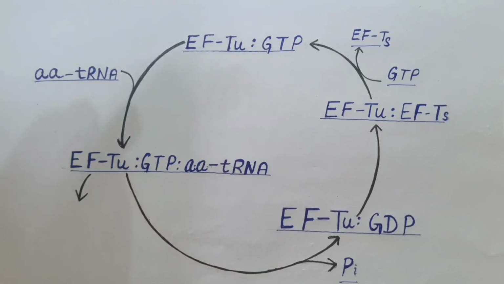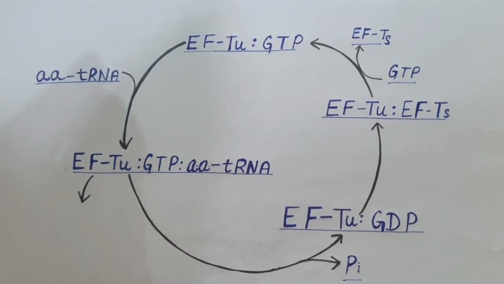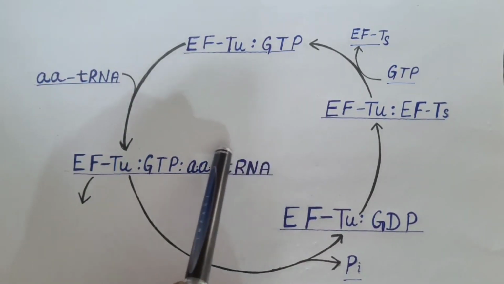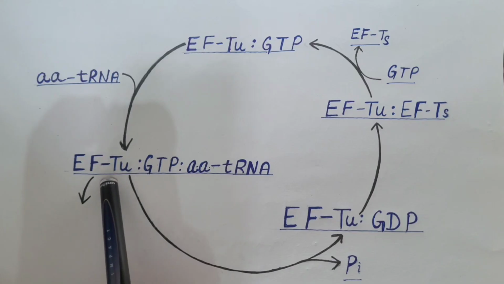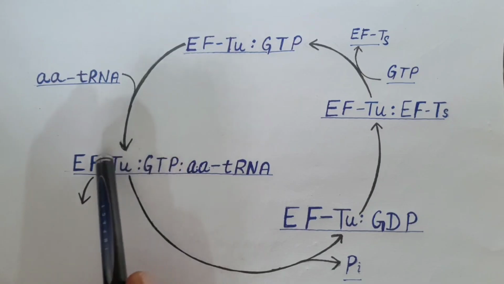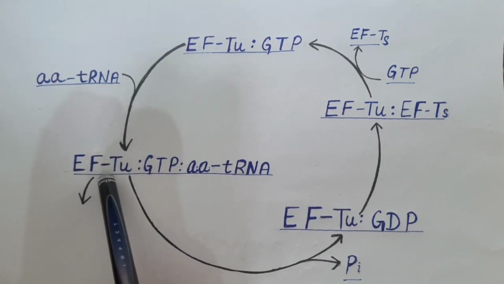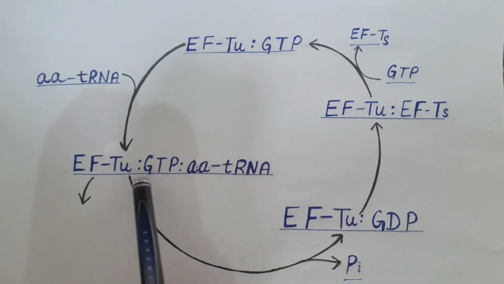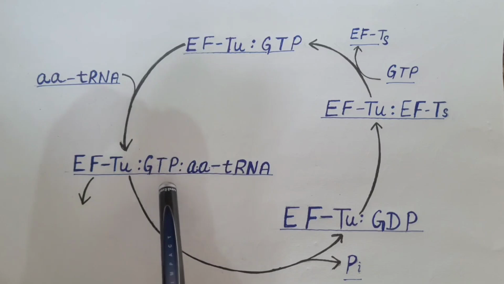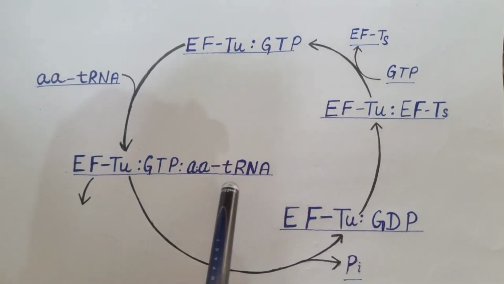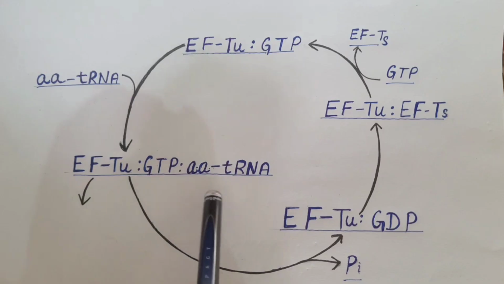Now let us understand this EFTU-EFTS exchange cycle with the help of this cycle. In the process of elongation, aminoacyl transfer RNA is escorted to the A site of the ribosome with the help of EFTU-GTP in the form of EFTU-GTP aminoacyl transfer RNA complex. So once it enters the ribosome, hydrolysis of GTP takes place into GDP and inorganic phosphate, and EFTU-GDP is released, leaving aminoacyl transfer RNA at the A site.